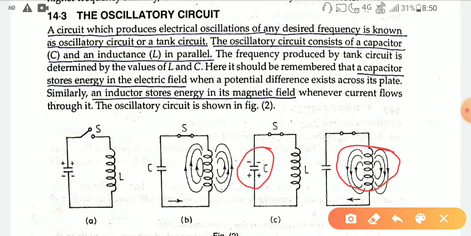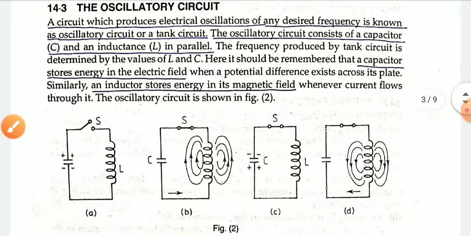So the magnetic and electric fields toggle each other, and an oscillation process goes on there.